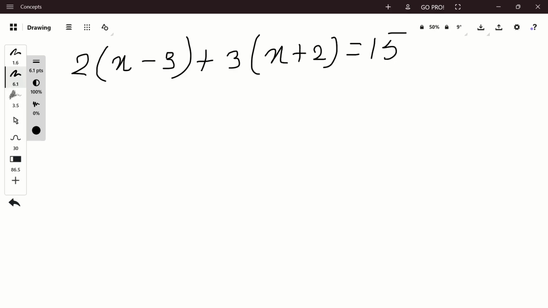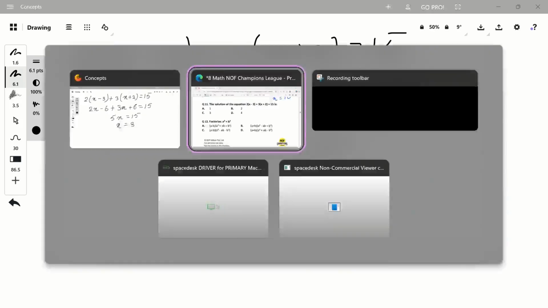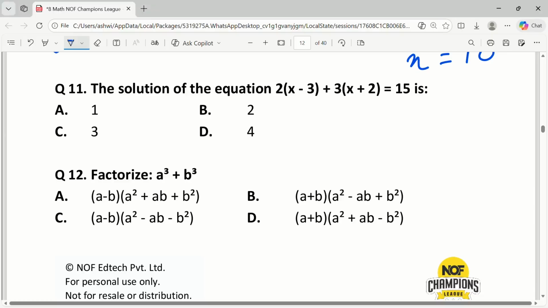Distributing the coefficients, we have 2x minus 6 plus 3x plus 6 is equal to 15. That is 5x is equal to 15. So x is equal to 3. Comparing the options, the answer is C, 3.